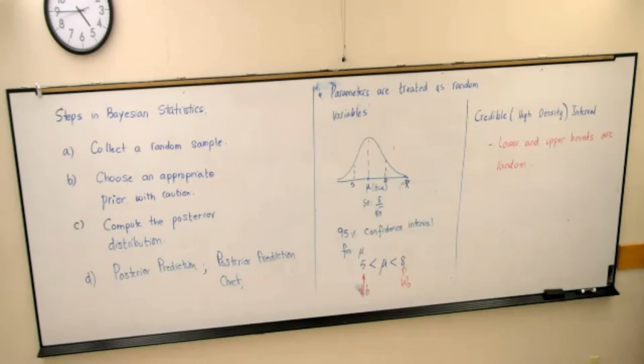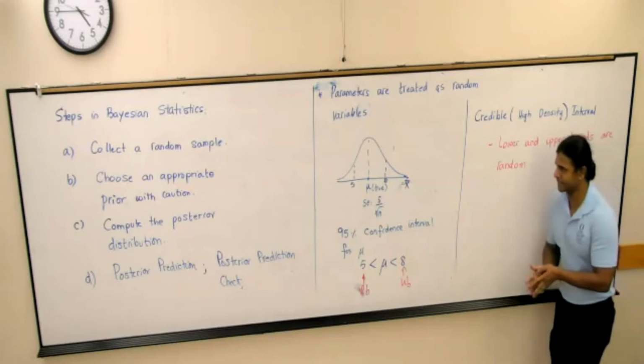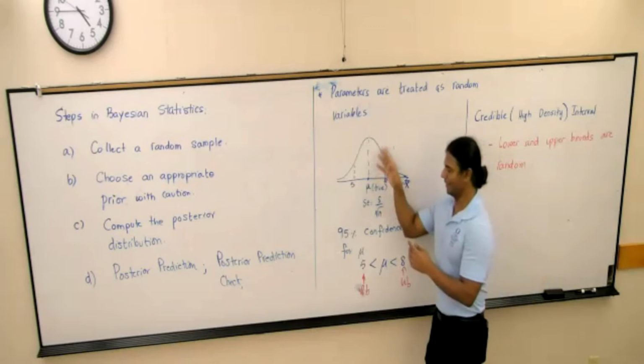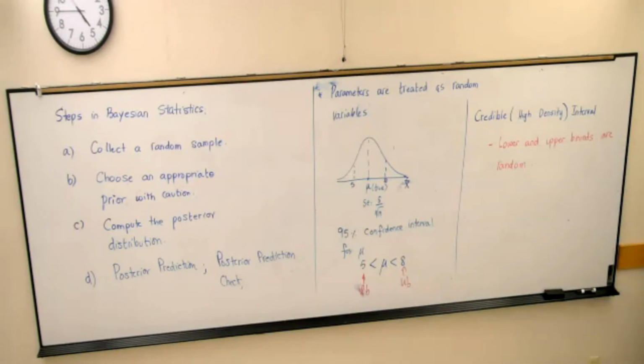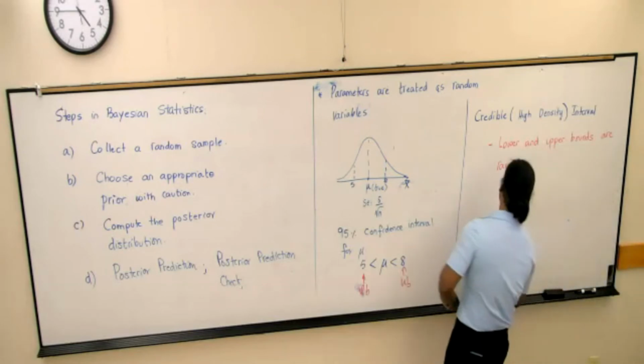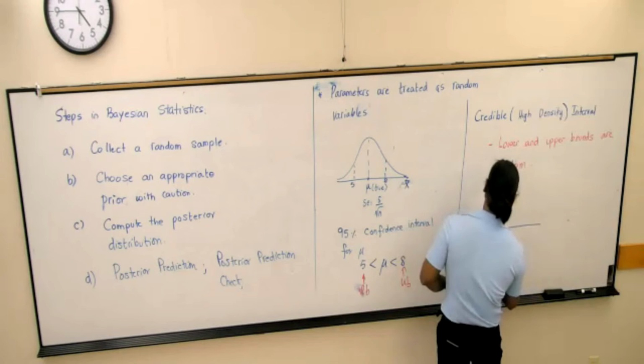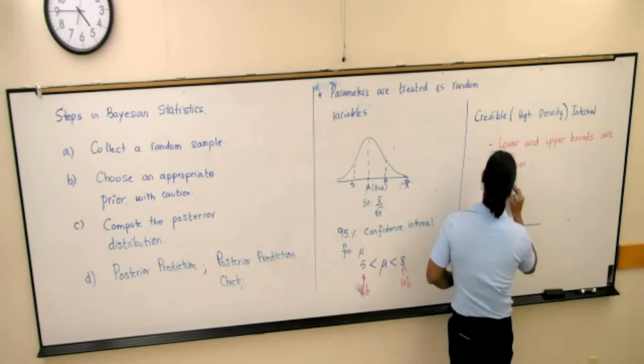So even though the end game would look like we're finding a confidence interval, in terms of interpretation, it is not a confidence interval, rather a credible interval. What do I mean by that?